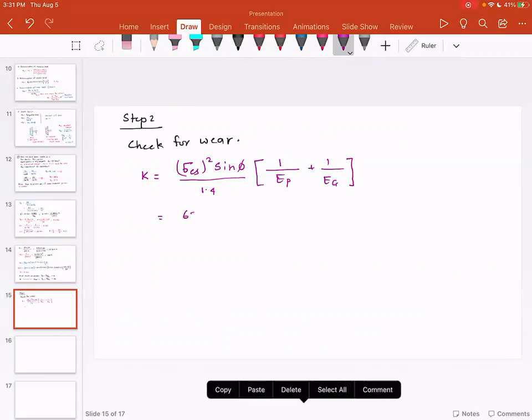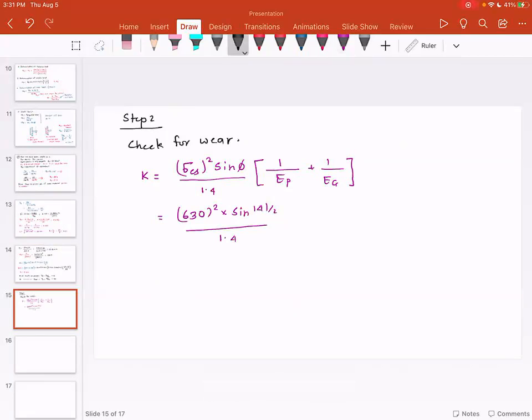Then there's going to be 630 squared, sine of pressure angle 14.5, divided by 1.4, multiplied by 2 divided by 84 times 10 to the power 3, because EP is equal to EG. And that gets us 1.68.